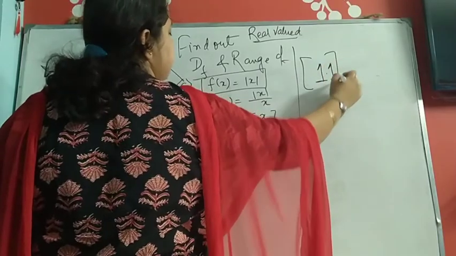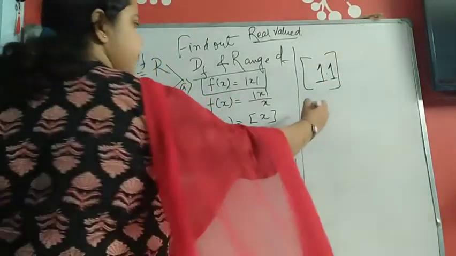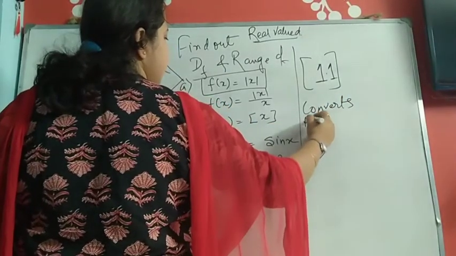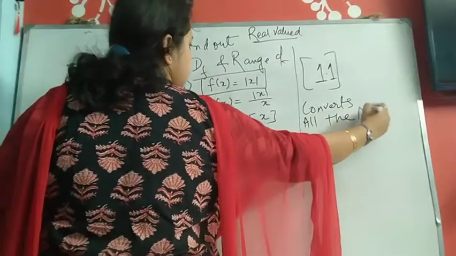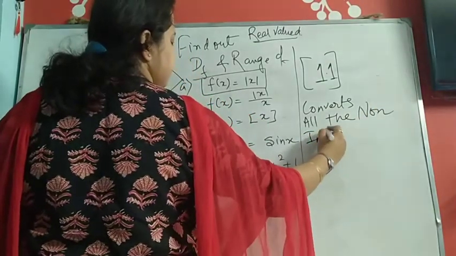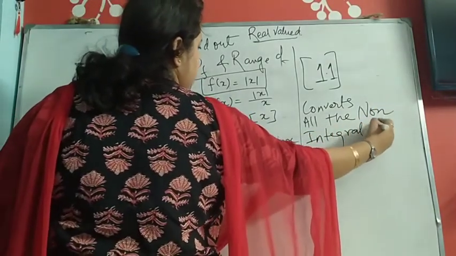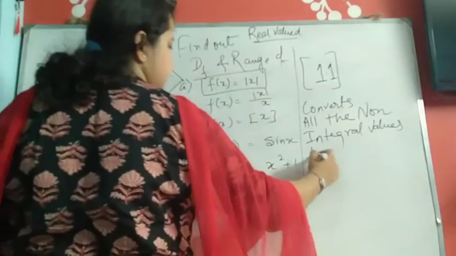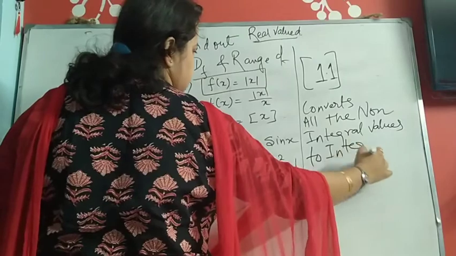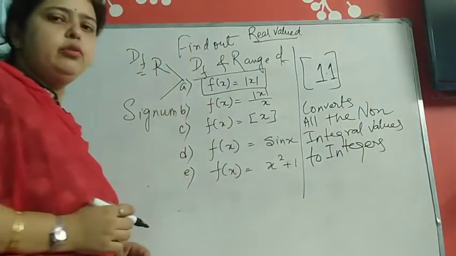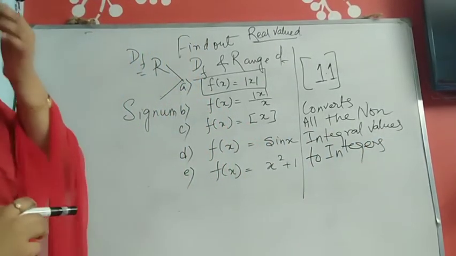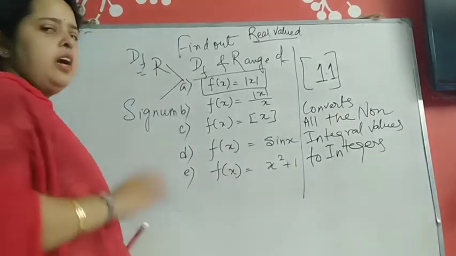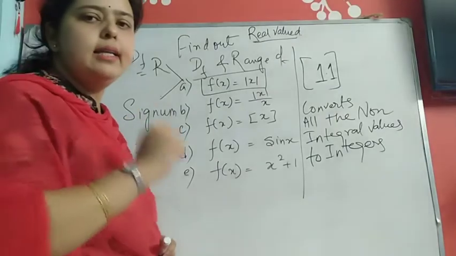The box function converts all non-integral values to integers. So what about integers, if one is fed? If you feed an integer, it will come out the same only. In that case it will behave as the identity function.